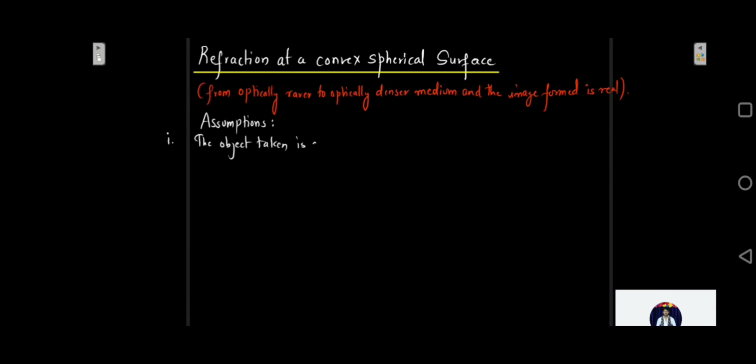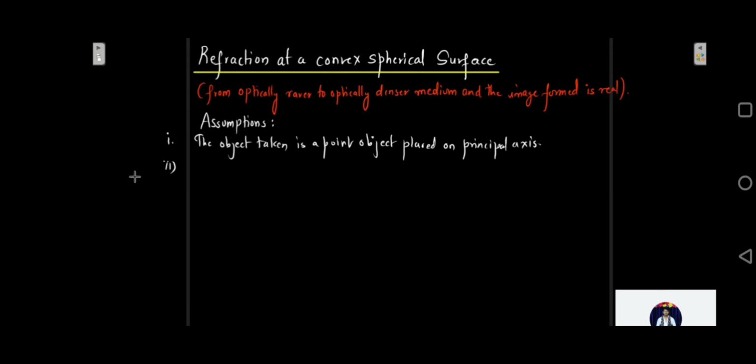We are considering that the object is very, very small, placed on principal axis. This is the first assumption.